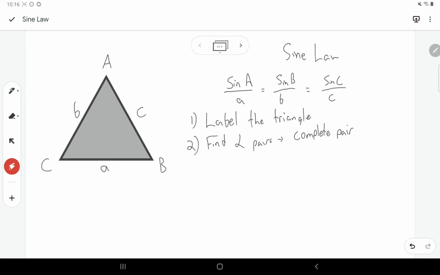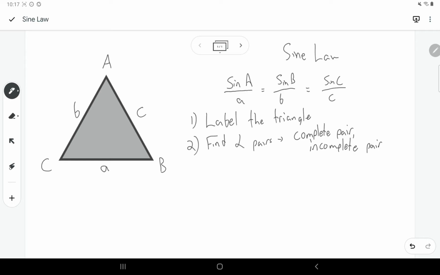So if B was a complete pair, I would have the value for big B and little b, not just one or the other, but both. That's a complete pair. But there's also the incomplete pair. This is the pair that has the thing that we're solving for. So for example, if we're solving for angle big A, then we have to have side A, and that would be our incomplete pair.